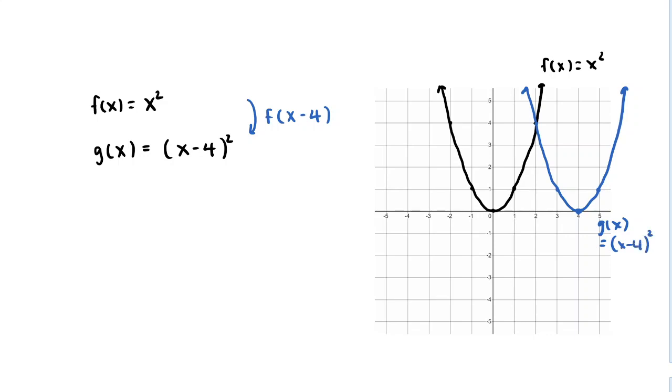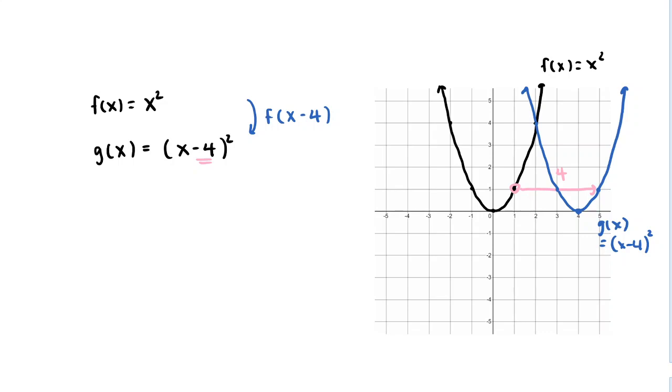And so we can see here that this point, for example, 1, 1, got shifted 4 units to the right by this subtraction of 4. It feels a little bit backwards, and that's kind of the case with applying transformations to the input of our function. It sort of works in reverse. But when we subtract 4 from the input, we're going to shift our graph 4 units to the right.